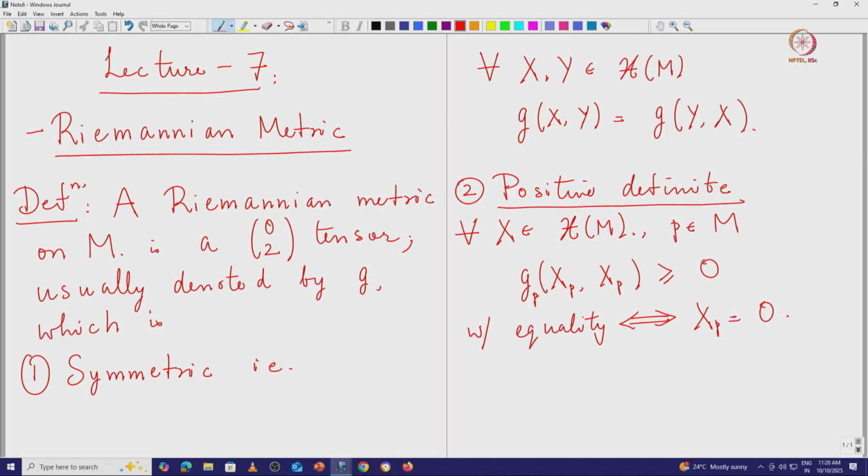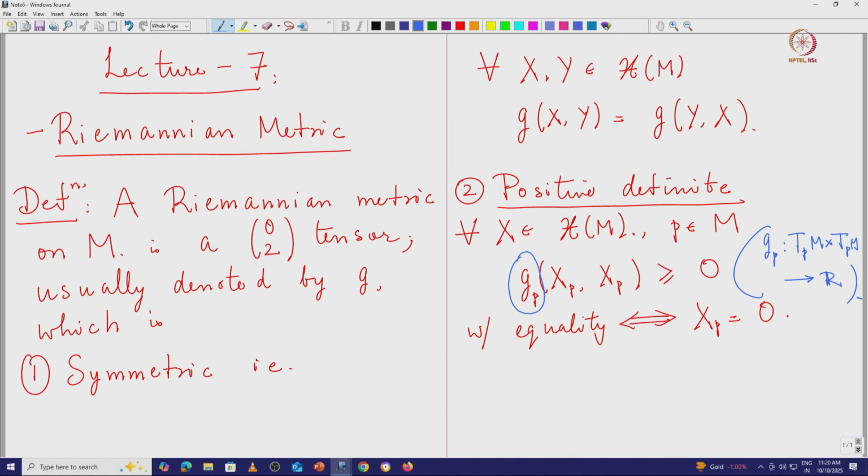Right. So note here we are using the property that if you have a tensor, then that will actually induce a multilinear product on the cotangent spaces and the tangent spaces at that point, right. So that is what we mean when we write g_p. So here g_p is the induced bilinear product on the tangent space, okay.